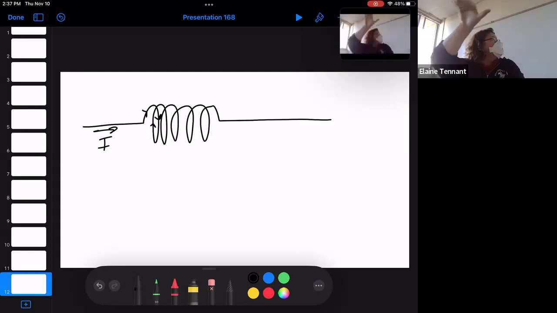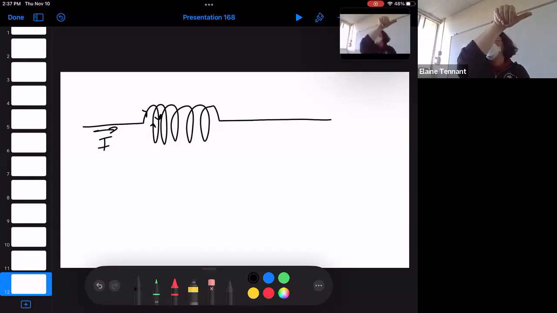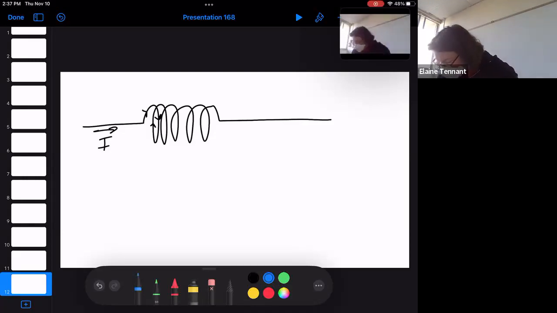So whoosh that way. Does that make sense? So it's going around this way. So current, magnetic field. Oh, no, I'm going backwards here. So I expect this thing to make a magnetic field like this.